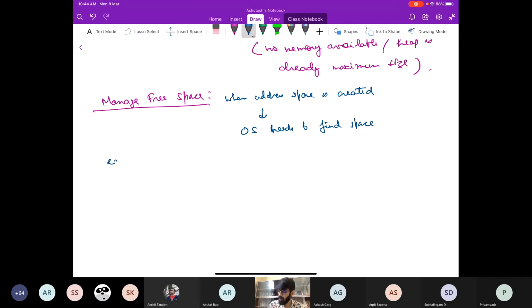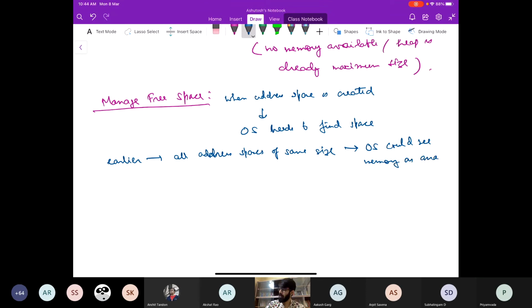So earlier, all address spaces were of the same size, so the OS could see the memory as an array of slots. But now that's not the case. Segments are of different sizes.